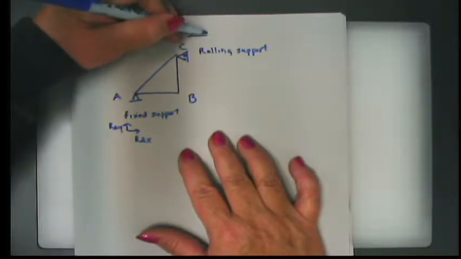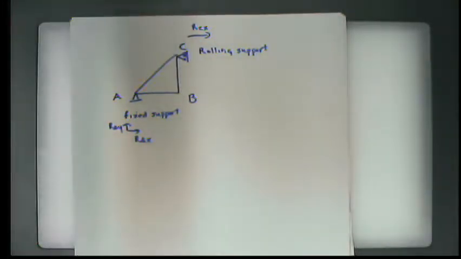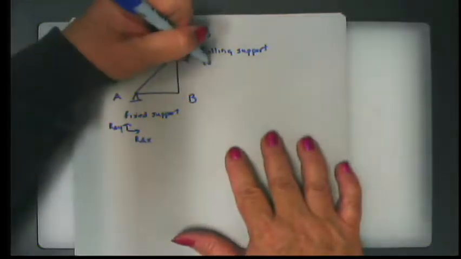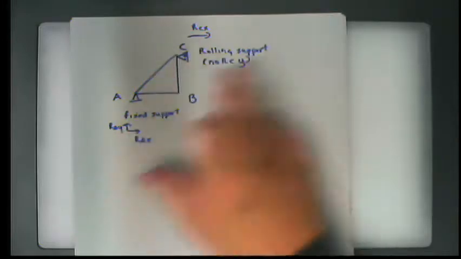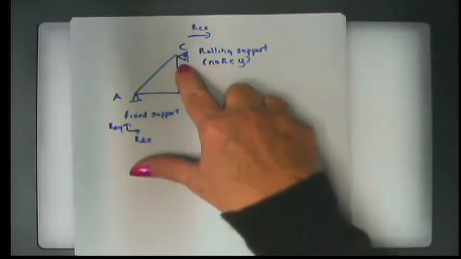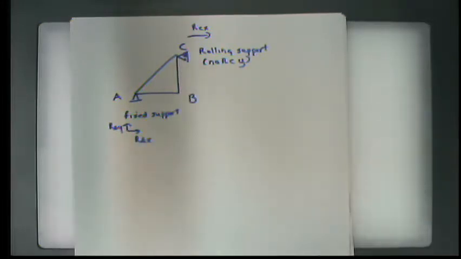So that means that we're only going to be able to have a reaction at C in the x direction. In the direction of the roll, it's just going to move to prevent it from getting into a bind. So there is no reaction at C in the y direction. So when you do your first part of the analysis, that's something you want to keep in mind. You don't have an ability on a rolling support to bear a force in the direction that it rolls.